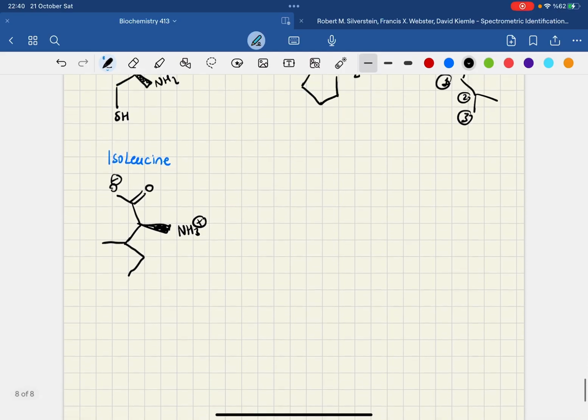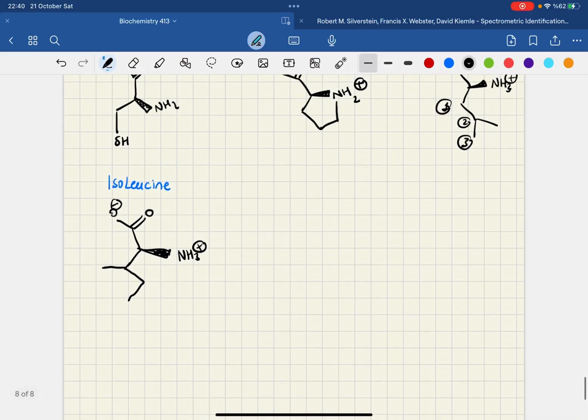And this is our isoleucine. And the shortened notation of it is I-L-E, ILE. ILE is the shortened structure. And then we have methionine.